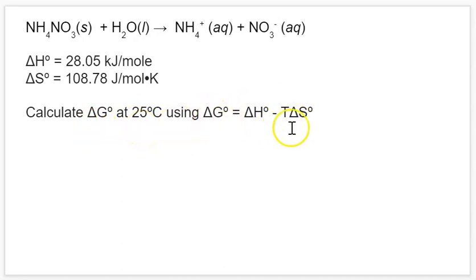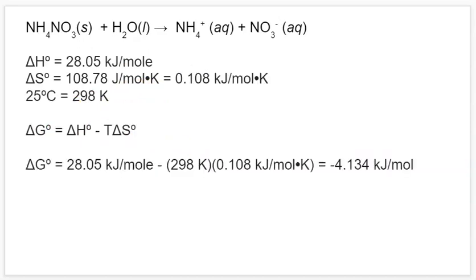So we're going to use our formula for this. We can plug in our enthalpy directly. For the delta S, since it's in joules per mole per degree Kelvin, we're going to want to convert that to kilojoules so that the units agree. And don't worry about the Kelvin. That's going to get canceled out by the Kelvin in the temperature because delta G is going to end up being in kilojoules per mole. Which also means we need to convert our 25 degrees Celsius into Kelvin as well.